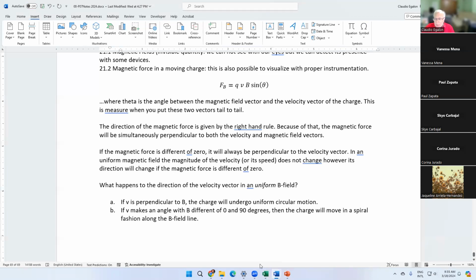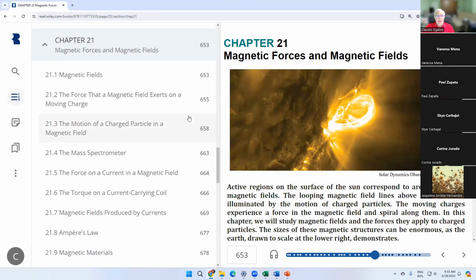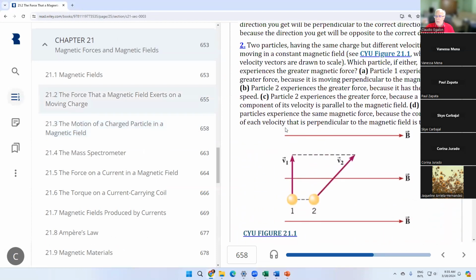It's a little bit difficult to illustrate that. So let's see if we can find an illustration here in your book so you can have a better visualization of how it looks. Motion of charged particles in the magnetic field.